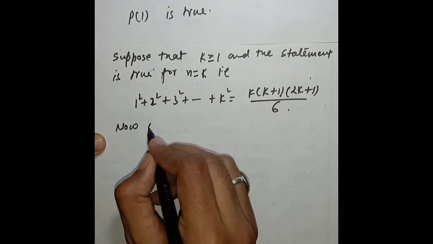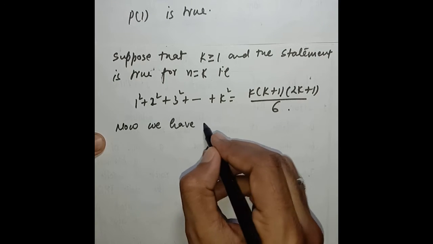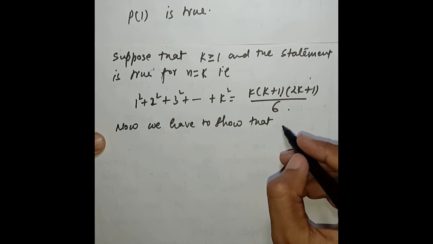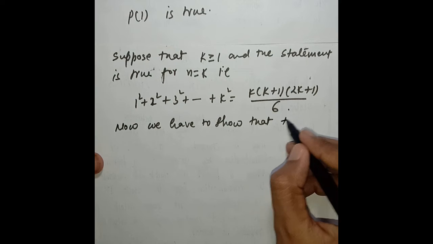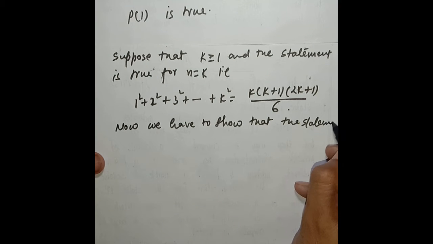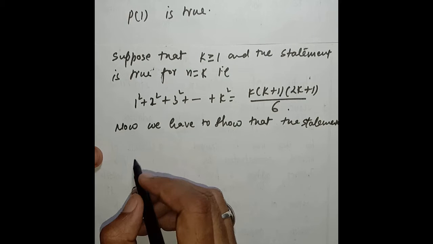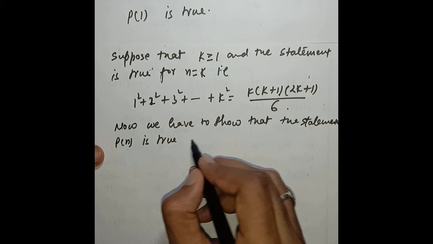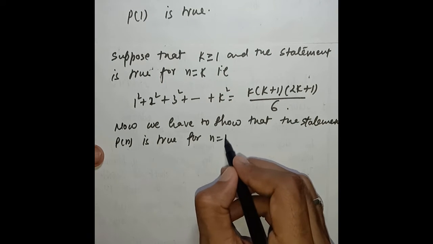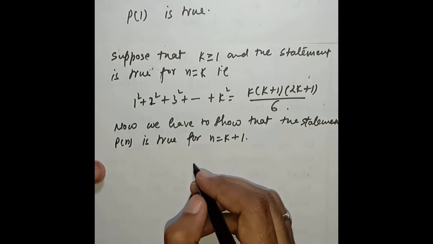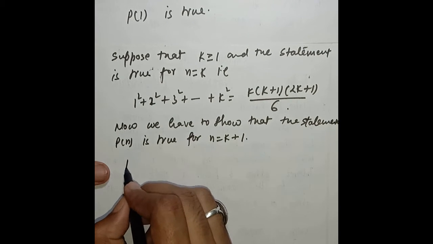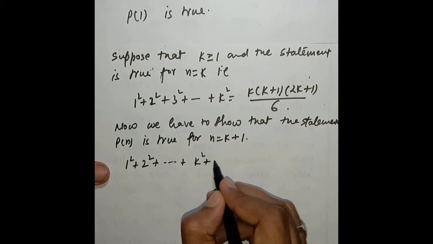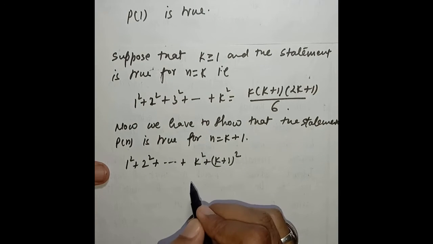Now we have to show that the statement is true for n is equal to k plus 1. That is 1 square plus 2 square plus ... plus k square plus k plus 1 whole square.